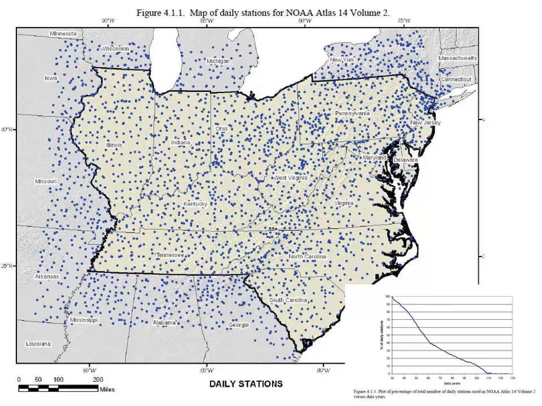This gives you an idea of stations that they used for daily data. And also, here's a representation of the number of stations that have a certain amount of data. So 50% of these stations had about 55 years of data. 100% of these stations that were included had at least 30 years of data.